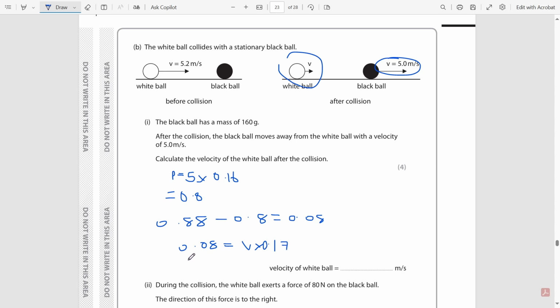So 0.08 over 0.17 equals 0.47 meters per second. That's the velocity of the white ball.